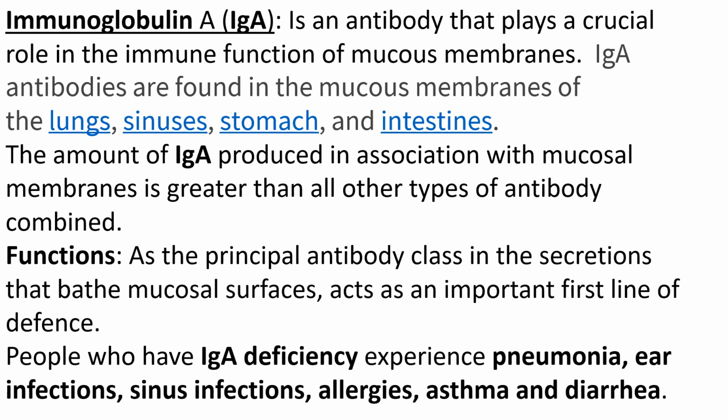So as far as the function is concerned, it is the principal antibody in the secretions that bathe mucosal surfaces, and it is the first line of defense against infection. It protects all mucous membranes lining the lungs, GIT, stomach, and the intestine. So people who are suffering from IgA deficiency experience pneumonia, ear infections, and sinus infections. They are victims of allergies, asthma, and diarrhea.